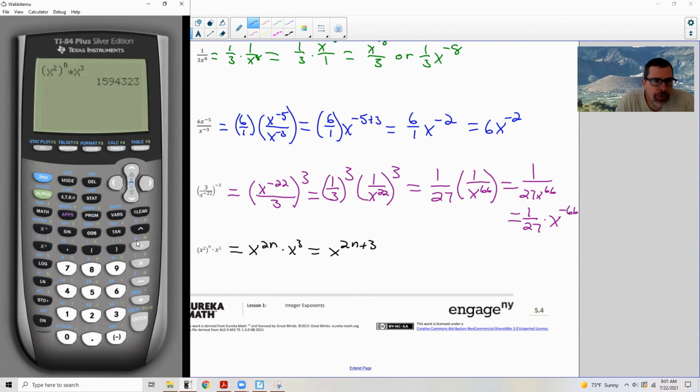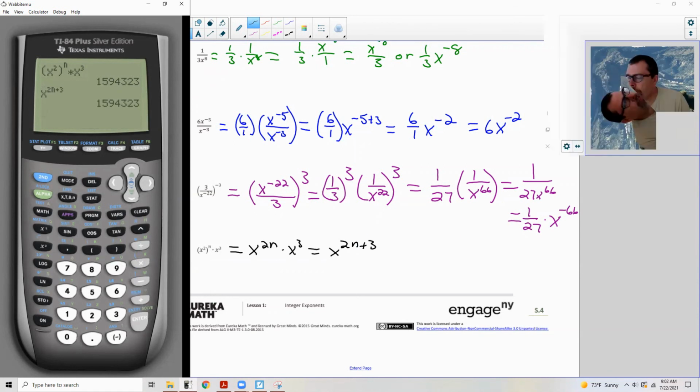And I got 1,594,323. Okay, it doesn't really matter what this number is. You just put the answer that you got in, x to the power of 2 alpha log for n plus 3, all in the exponent. And I got the same answer. My answer is correct.